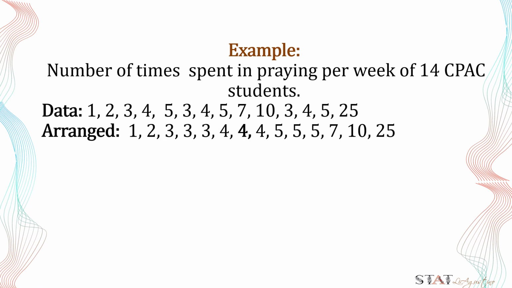For example, the number of times spent praying per week by 14 CPAC students. I have the data here. One person prays just once per week, and then some are twice, some thrice, and then 4, and the next are 5, 3, 4, 5, 7, 10, 3, 4, 5, and 25 times.